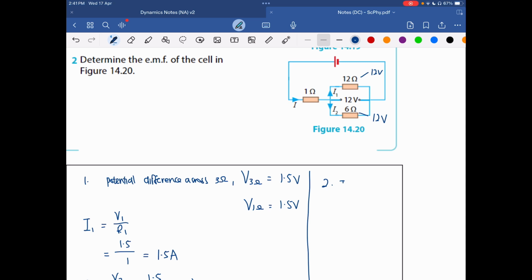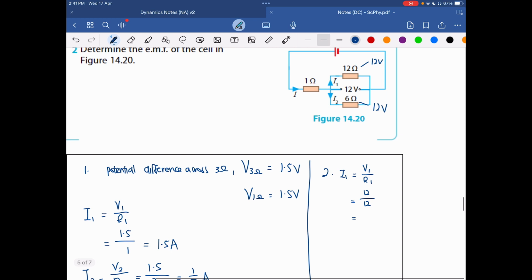So I1 equals to V over R. So V1 is 12 volt divided by R1, 12 ohm. Okay, this gives me 1 ampere. Then I2 will be equals to V2 over R2.